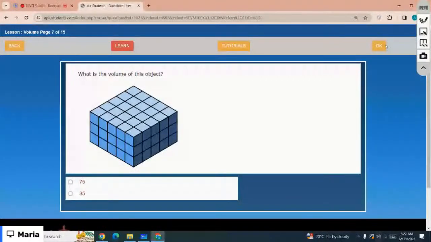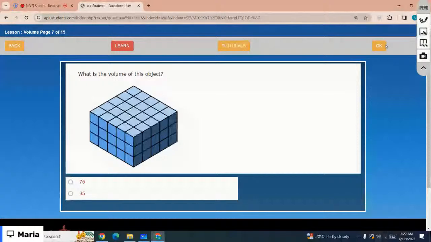What is the volume of this object? Can you see now? How is it 35? You just copy answers.